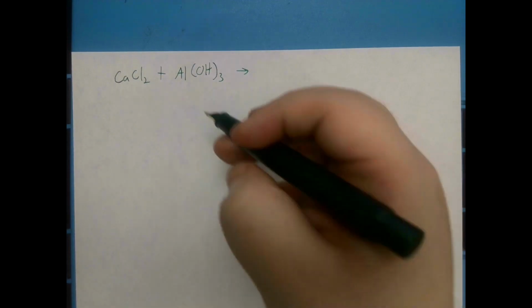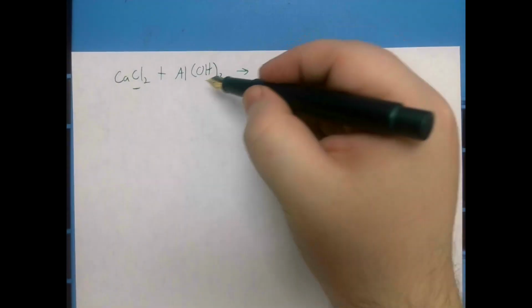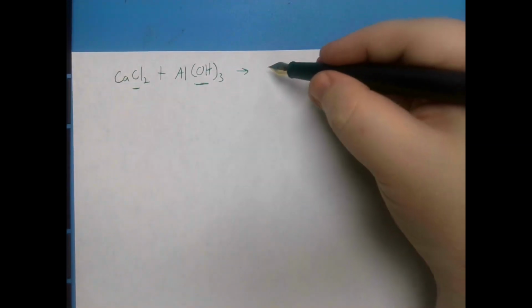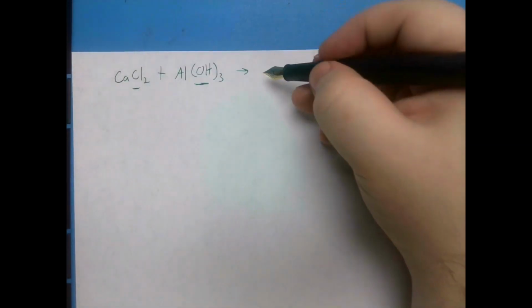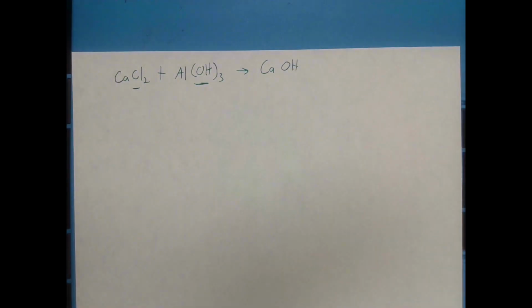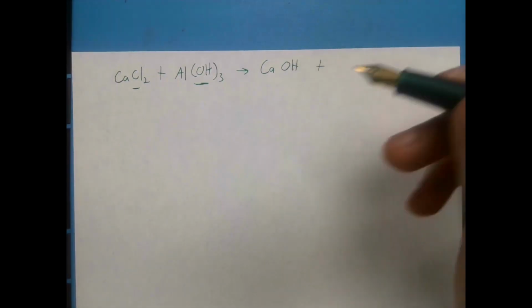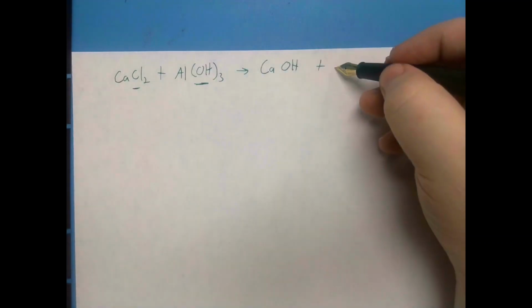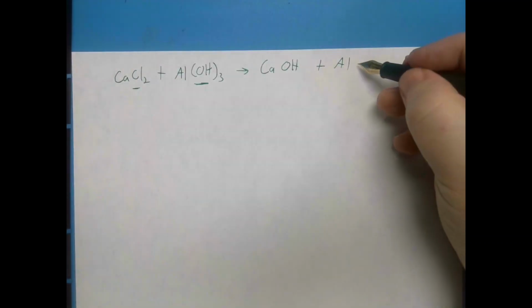We can predict that this is double displacement. So we're going to swap the anions. This would be calcium now with hydroxide plus aluminum, and we're going to swap, and I'll give it chlorine.